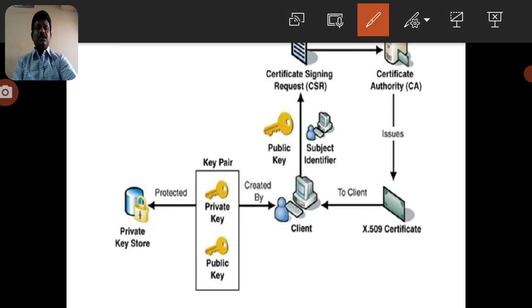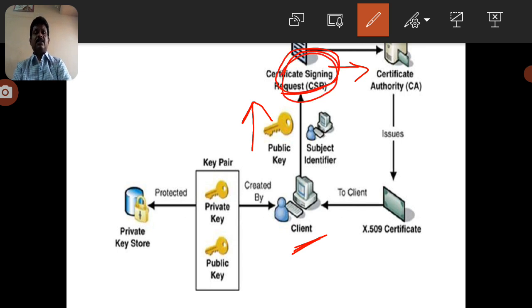The client can send the request for the public key certificate verification to the certificate authority. The certificate authority is the third party. Once the request is received, the certificate authority issues the certificate, and through that process only the certificate authority can send the certificate to the client.